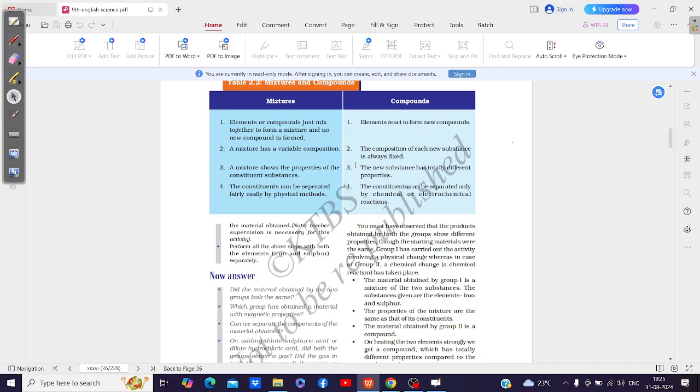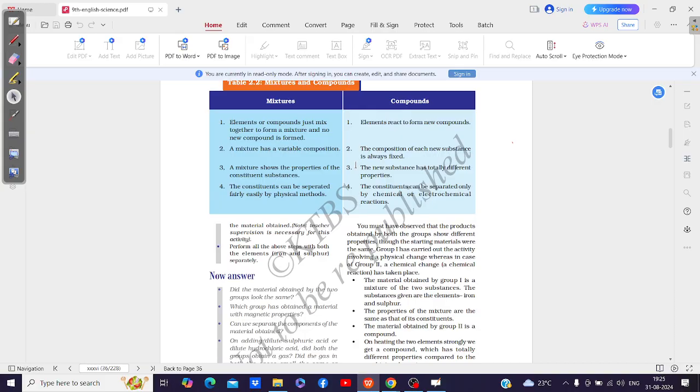We just mix them together, without any other modifications. If you just mix the compounds and elements together, there is no creation of a new compound. That is the mixture. When we come to the compound, the elements react and form new compounds. That is one of the properties of compounds.